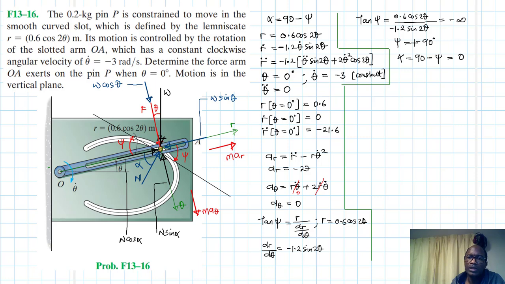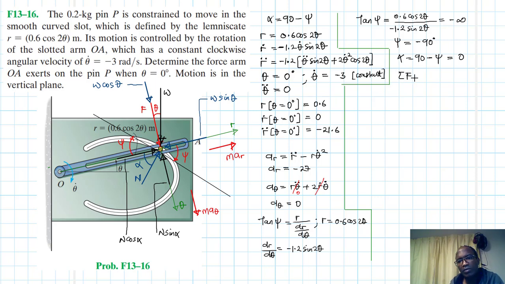Again, don't consider this negative, it just simply means it's in the clockwise direction. So this will just be equal to 0 alpha. Right, with this we can now apply the equations of equilibrium.